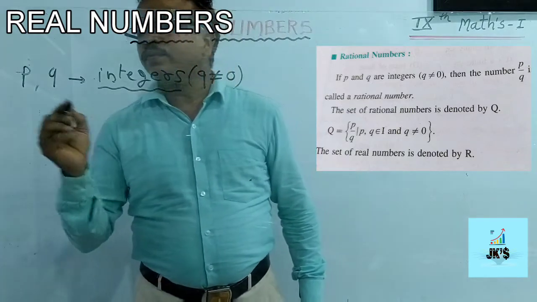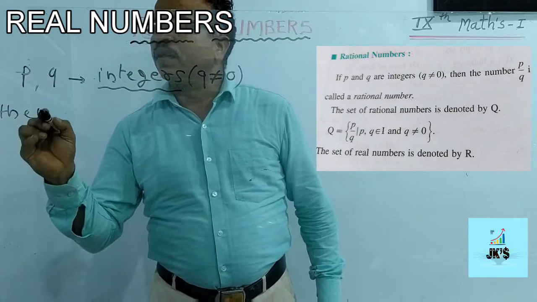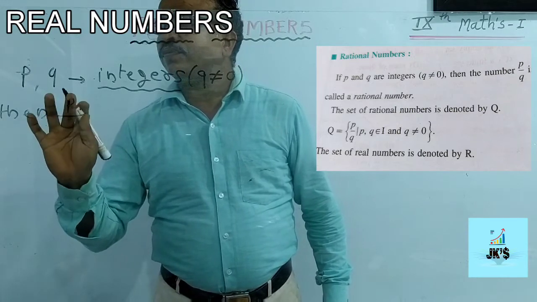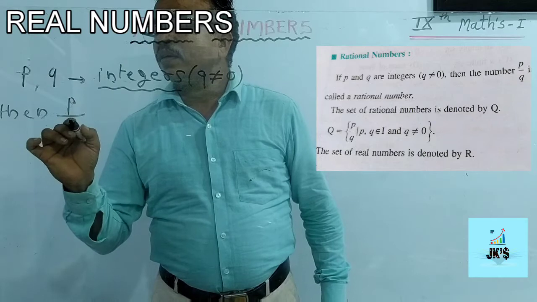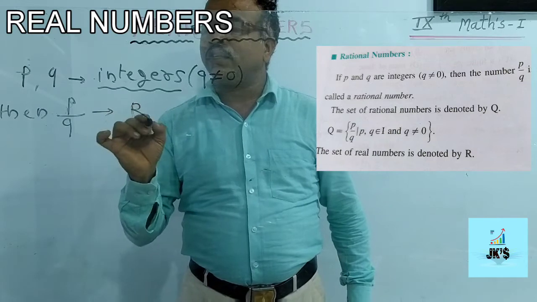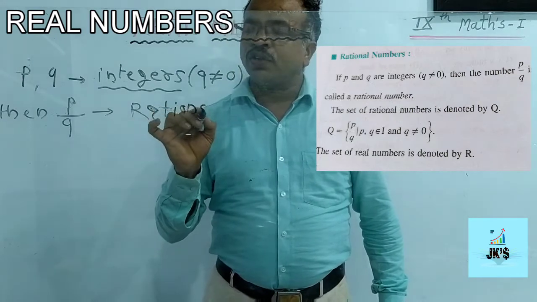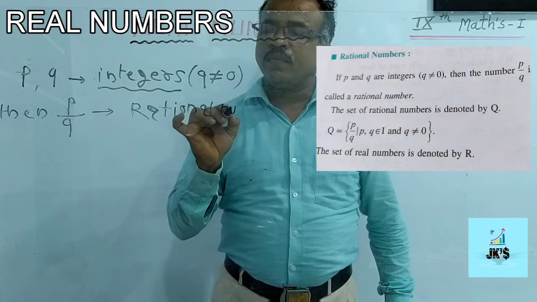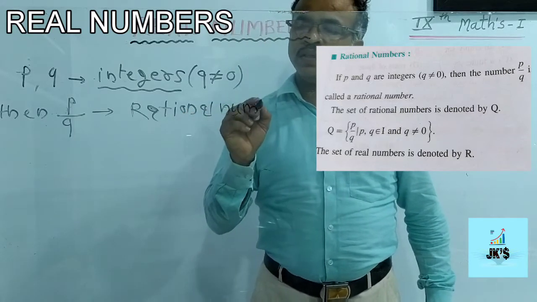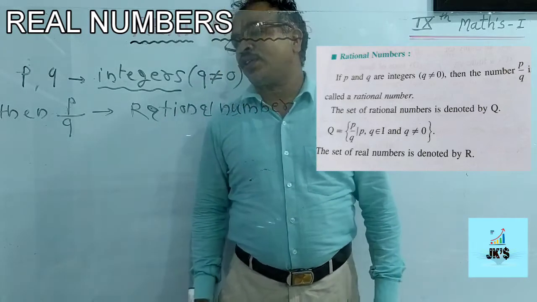Then p upon q is known as the rational number. This is the concept of rational numbers.